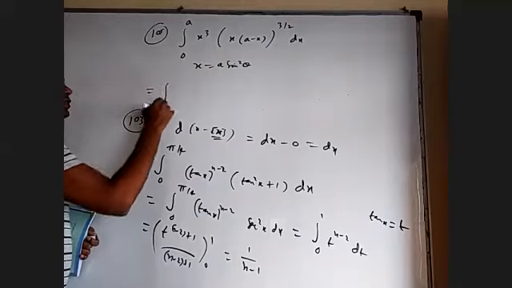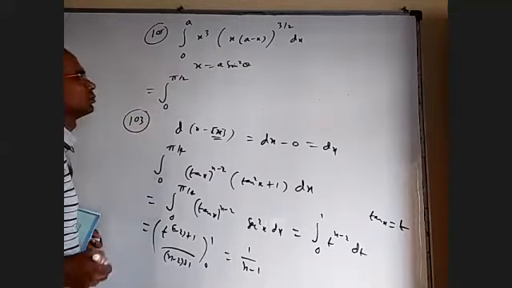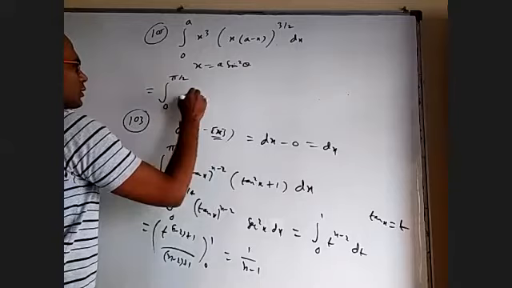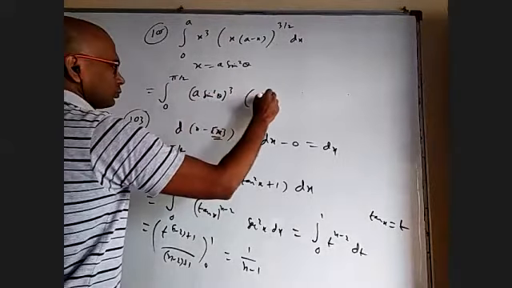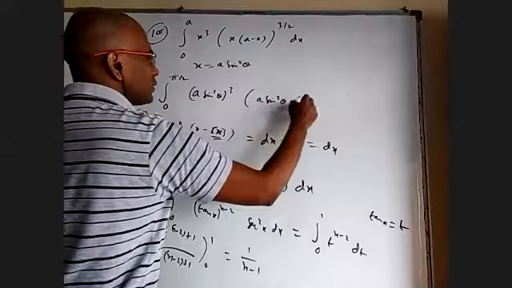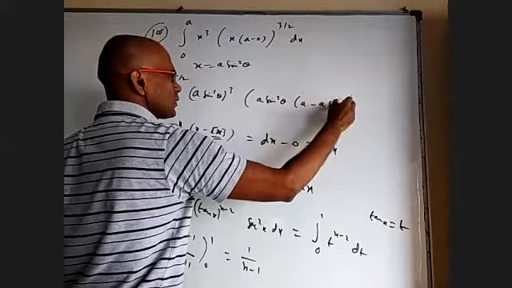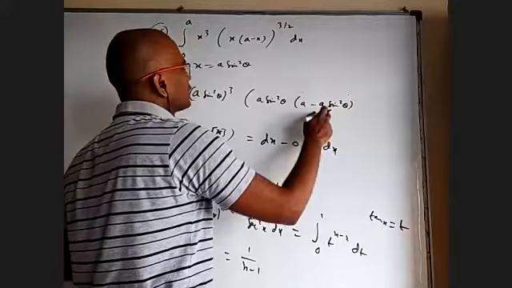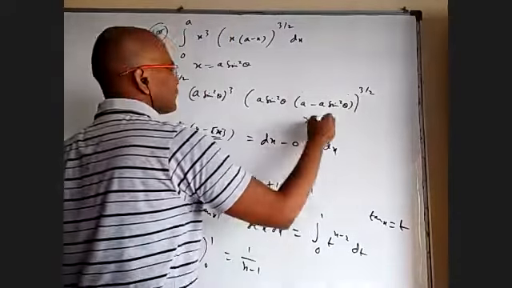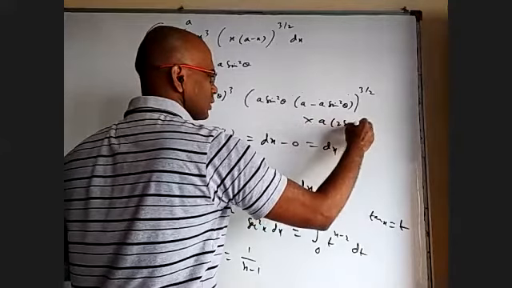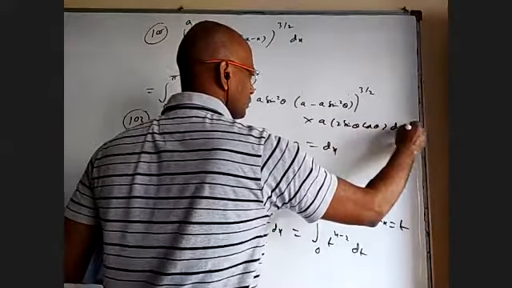Then the limits will be 0 to pi by 2. When you put it here, it will be a sine square theta whole cube. Here it is a sine square theta, here it is a minus a sine square theta, which will become a cos square theta later on, power 3 by 2, and derivative dx is a into 2 sine theta cos theta d theta.